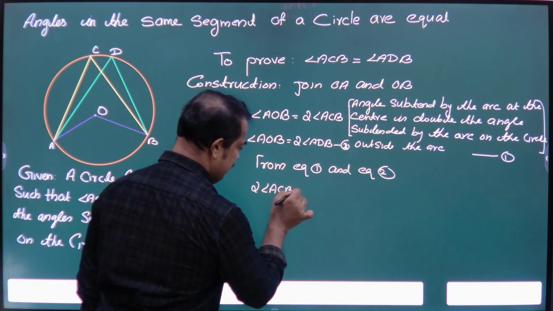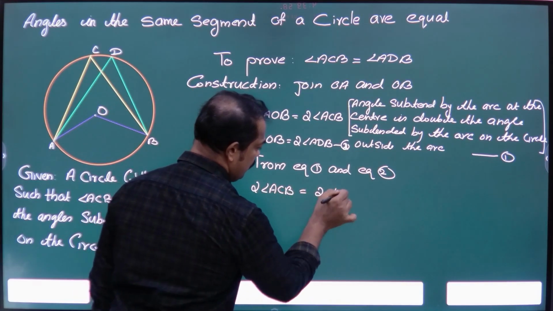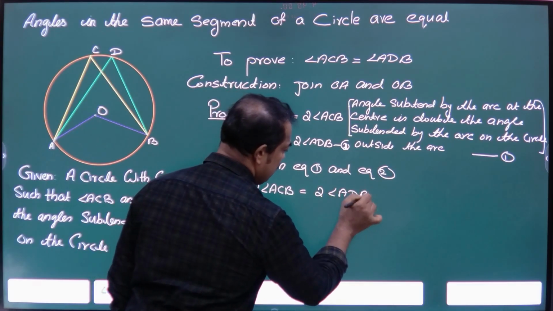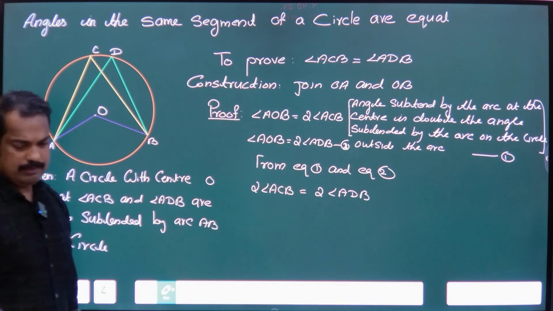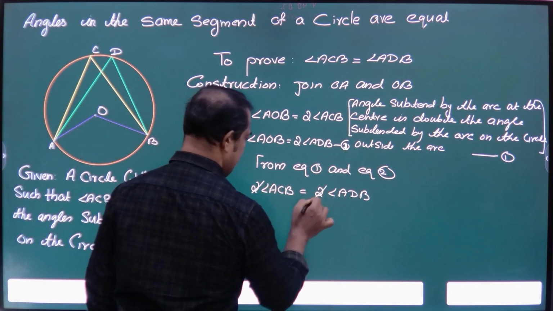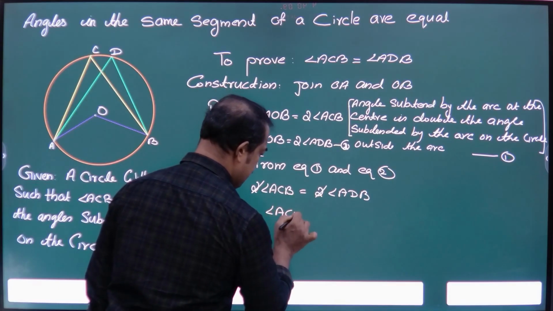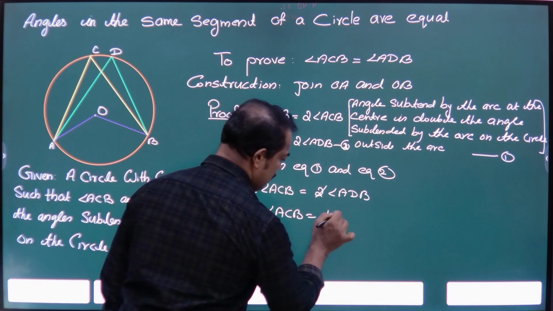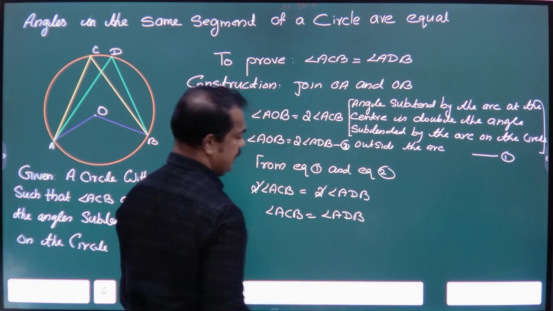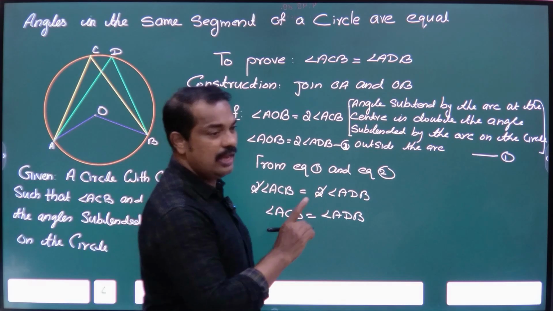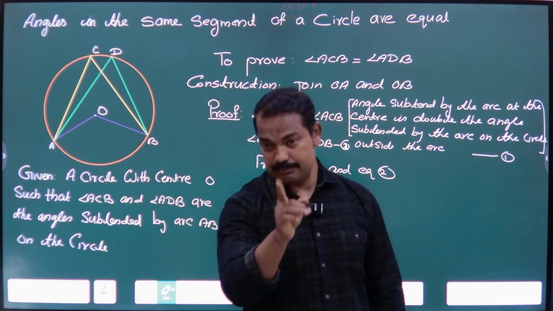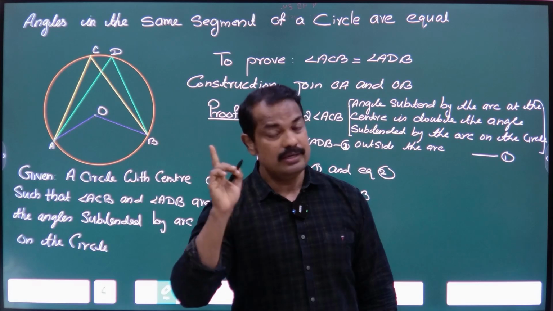Angle ACB equals angle ADB. Hence proved. Steps clear? So angles in the same segment of a circle are equal.